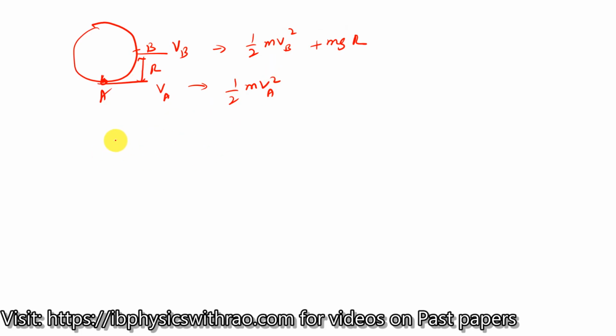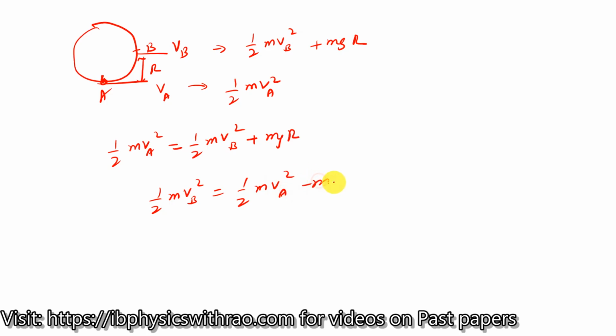So half mva square is equal to half mvb square plus mg into r. So I shall send this mgr to the other side, and thus I will get half mvb square is equal to half mva square minus mg into r, and thus vb square is equal to va square minus 2gr.